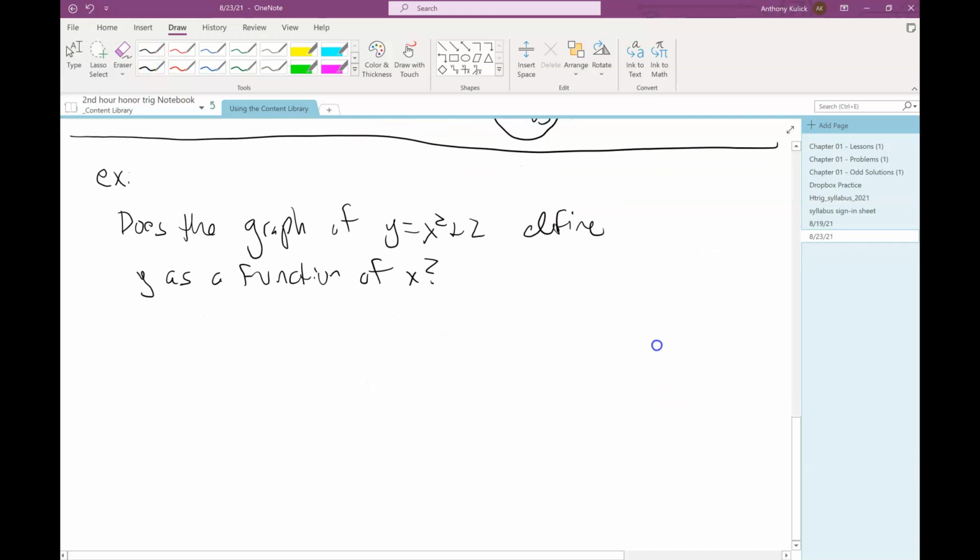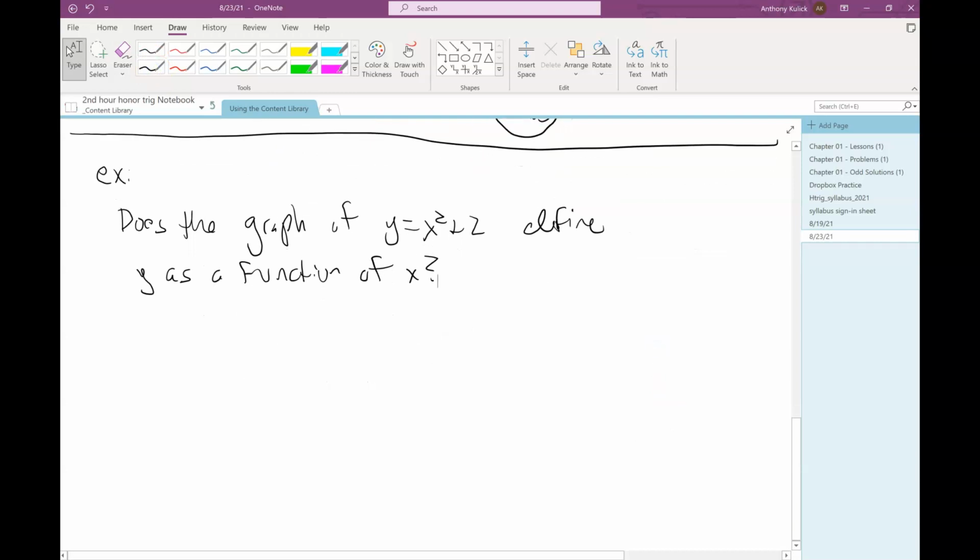So what should we do to do this? Yeah, go ahead. Okay, and what good is that going to do? On your calculator, it's easier, but you can look at whether an x has 2 y's or not.